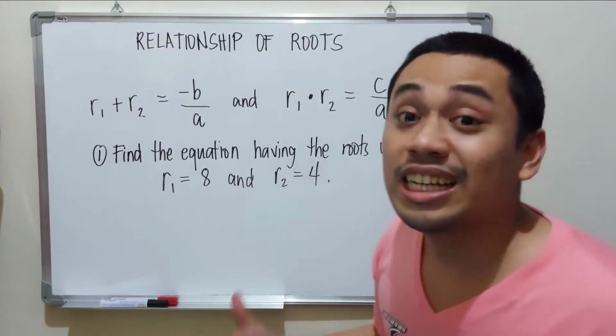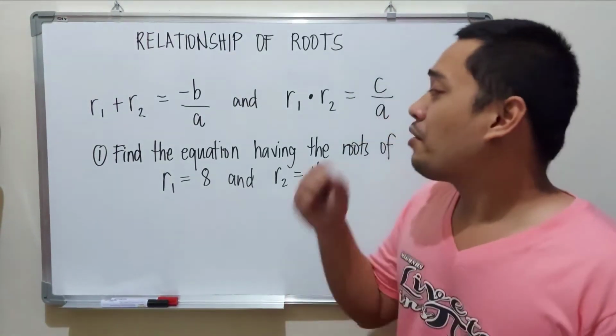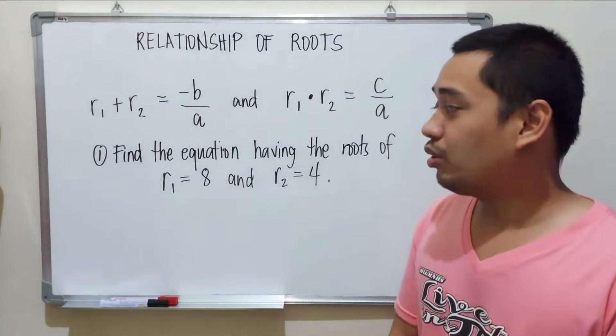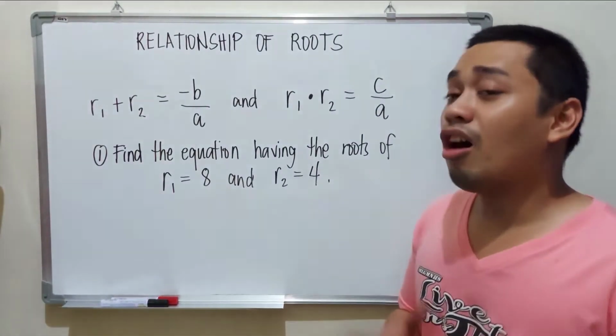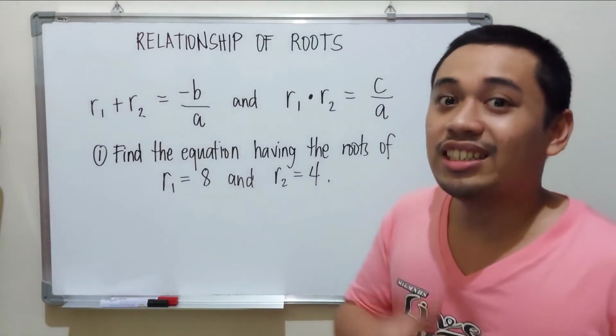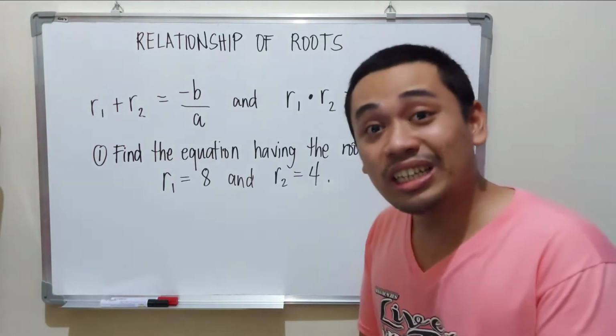So for our first example, it says, find the equation having the roots R1 is equal to 8 and R2 is equal to 4. We know for a fact that there exists a relation between and among roots.